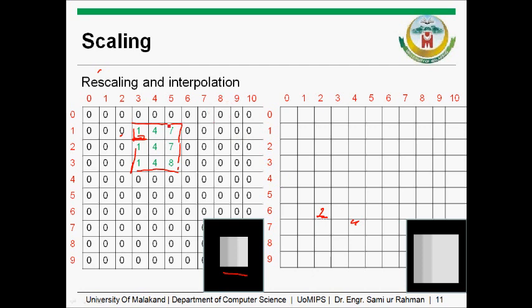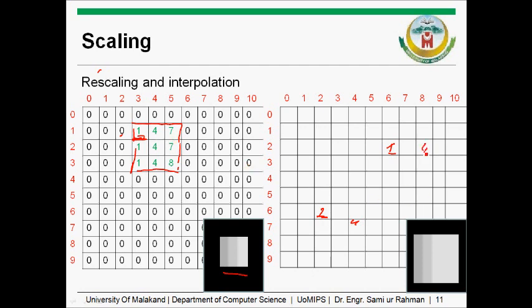Now for this pixel position, it is 1 and 4, so it will be 2 and 8.